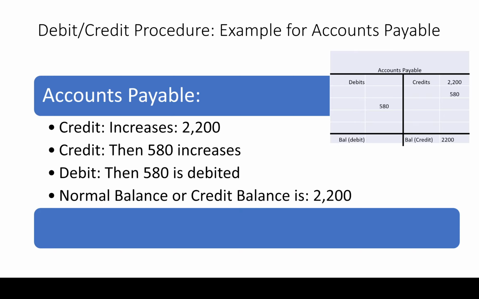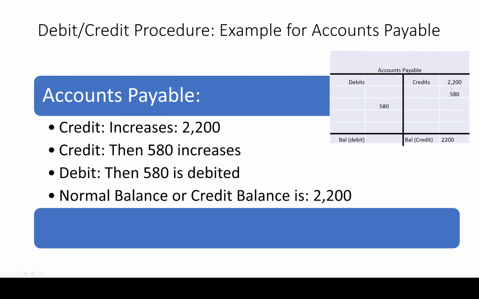So this is an example of liabilities. If you remember, we had some liabilities called accounts payable. We first had $2,200, so our liabilities increased by $2,200, and following that we had $580, so that also increased our liabilities accordingly. Then we paid $580, so when we paid, that amount comes on the debit side.